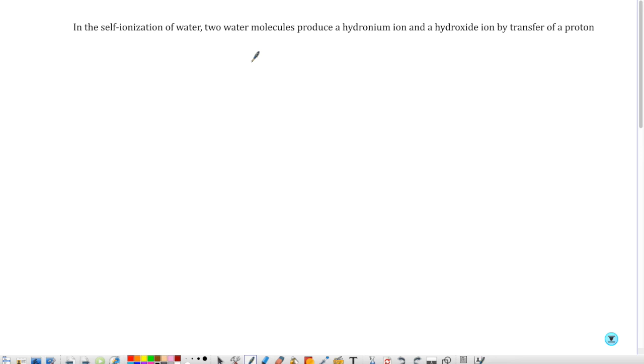The next thing that I want to talk about is this kind of funny reaction here. Water is interesting in that we know that water is amphoteric, which means that in a solution of water, at any given time you could have a water that's acting as a proton donor and a water that's acting as a proton acceptor.